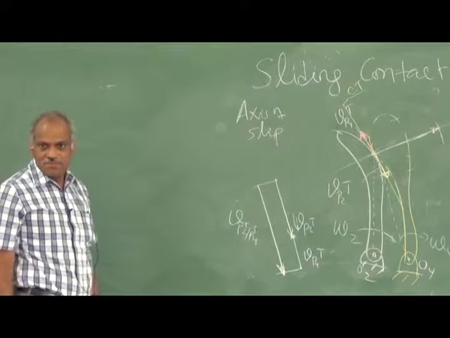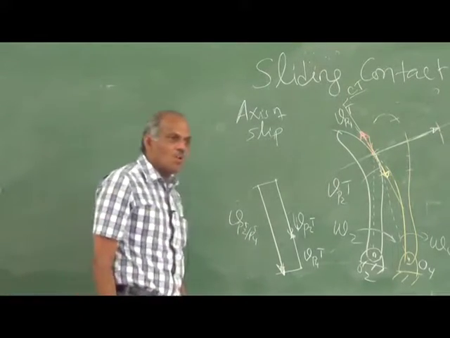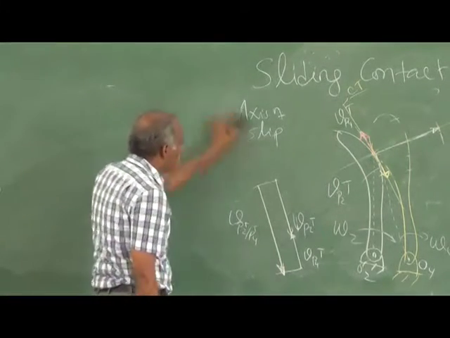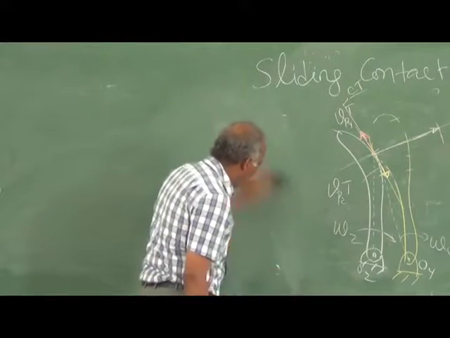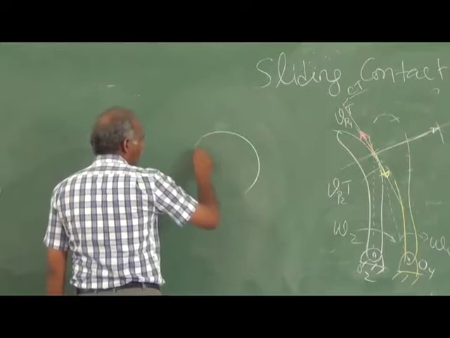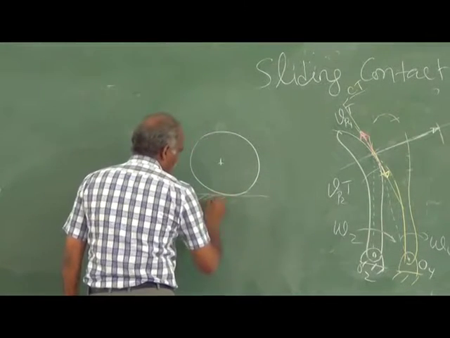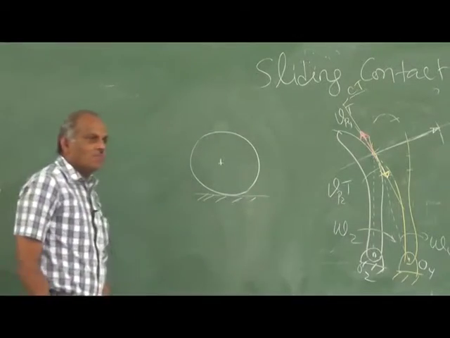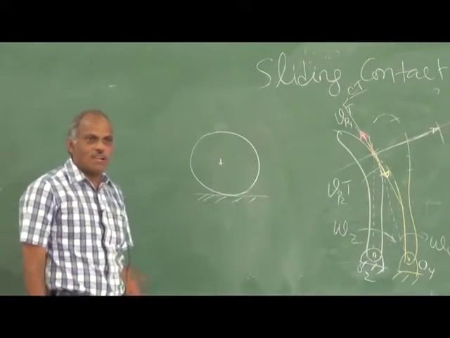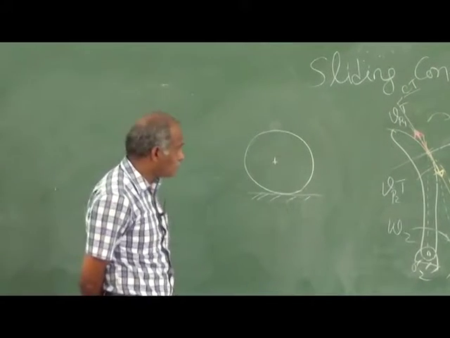In the first year, in the introduction, we give some introduction about what rolling friction is. So rolling friction is the friction between the wheel and the road. If the contact is rolling contact, the friction you will have is the rolling friction.